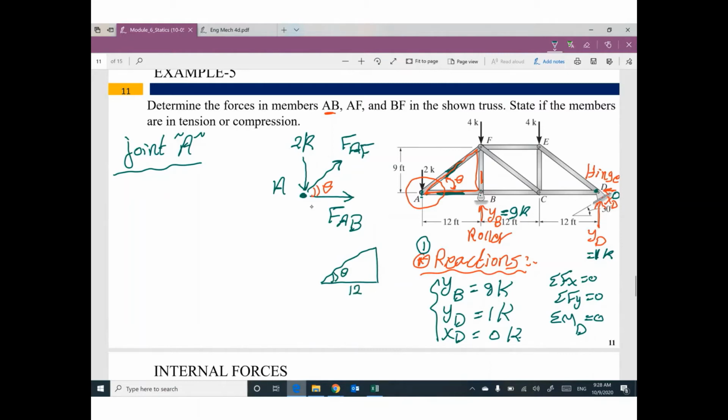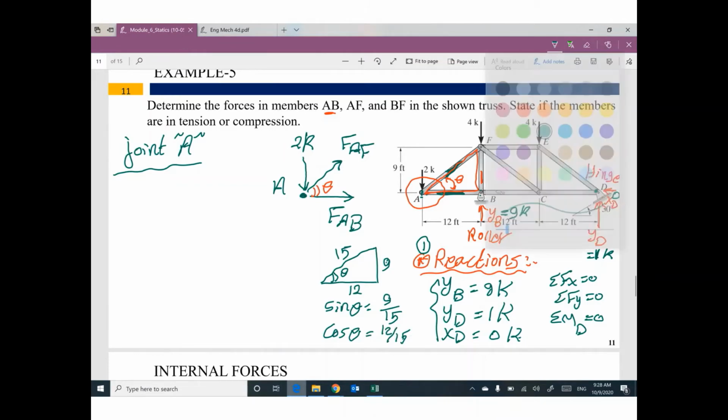This distance is 9. I can figure out the third distance will be 15. So sine theta will be 9 divided by 15. Cosine theta will be 12 divided by 15.